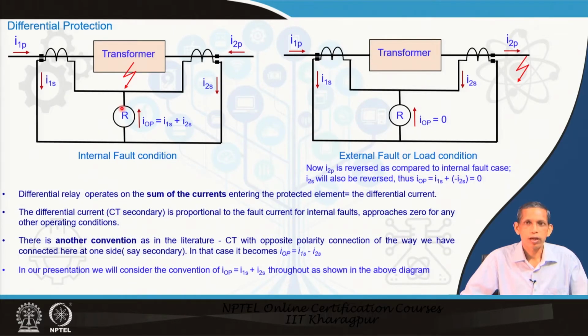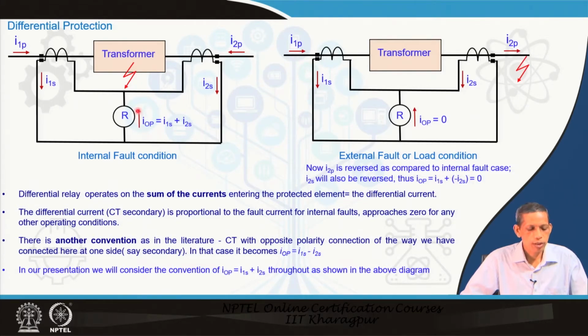How much current will be sensed through the relay depends essentially on the polarity connections at the two ends of the transformer. Now, if you remember, for an internal fault, the current directions are into the transformer, taken as the conventional current philosophy, as in the last lecture also.